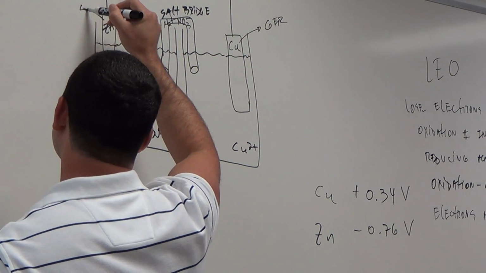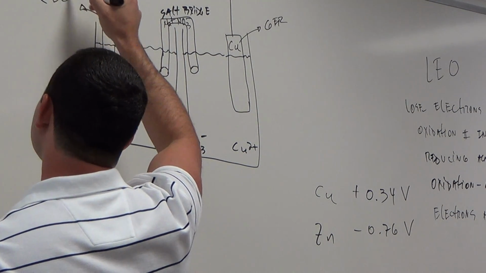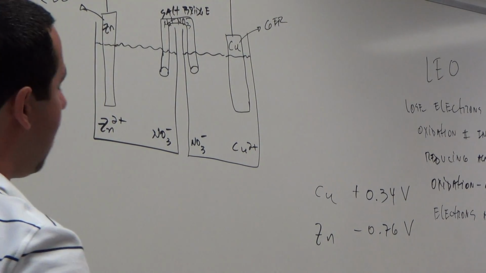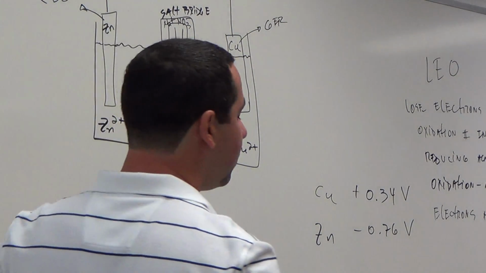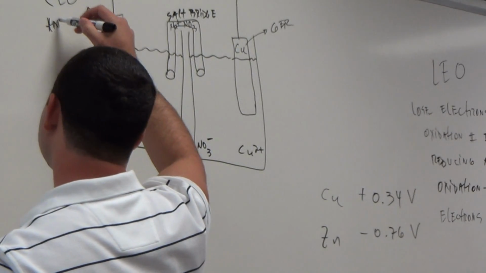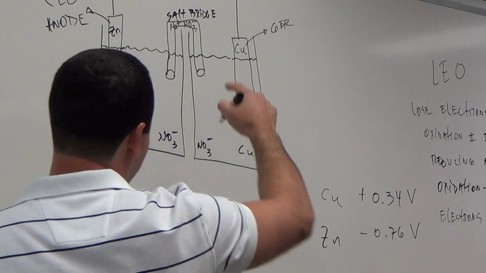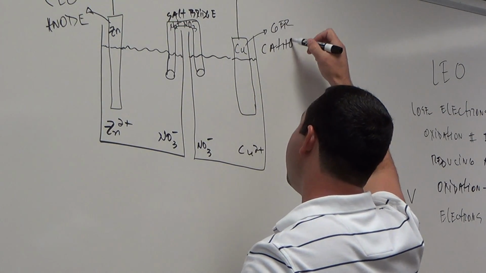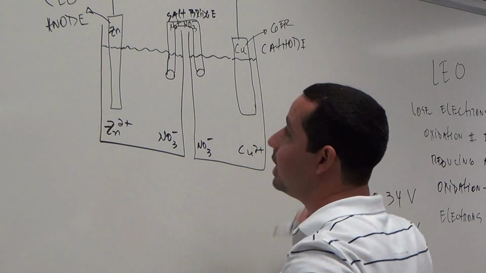Leo. So, which one is the anode and which one is the cathode? Leo is the anode, yes. And GER is the cathode. So, this is called anode and this is called cathode.